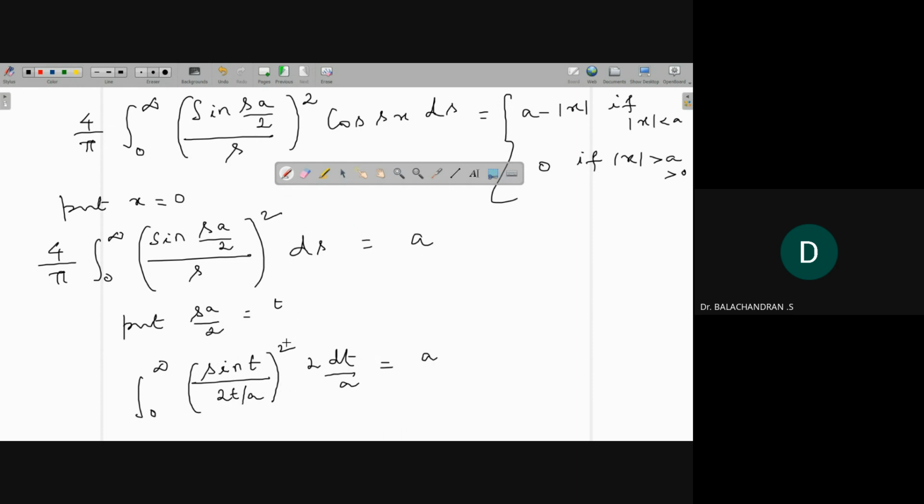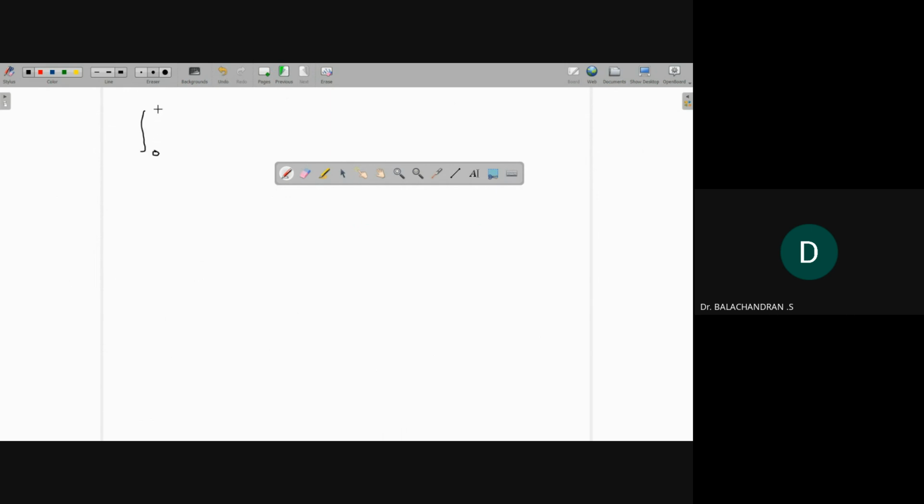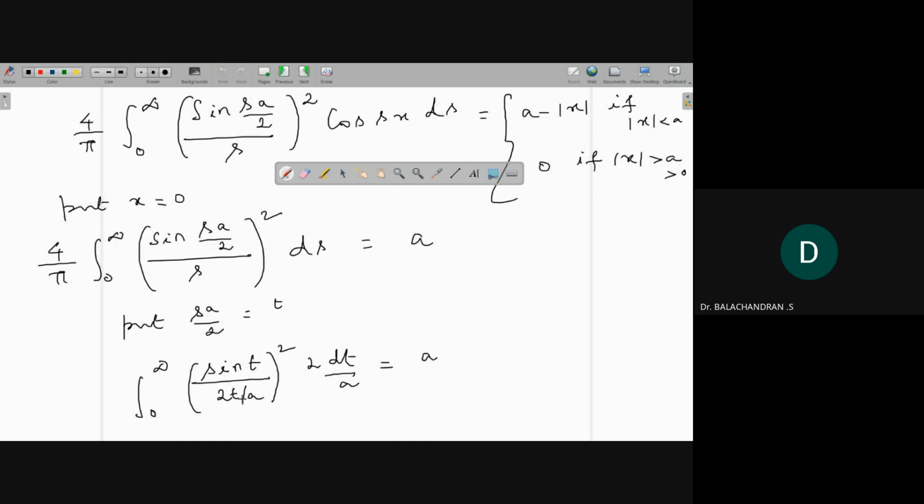Okay, so now I'll write on the next page. Integral 0 to infinity sine t by t whole square. And here you have what? 4 by pi.